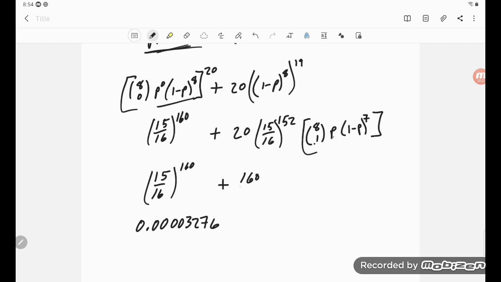But p is 1/16, so that's 160 over 16, so that's just 10. And then we have our 15 over 16 to the 159. Okay, and so that's, I gotta look that one up. I don't have that one.